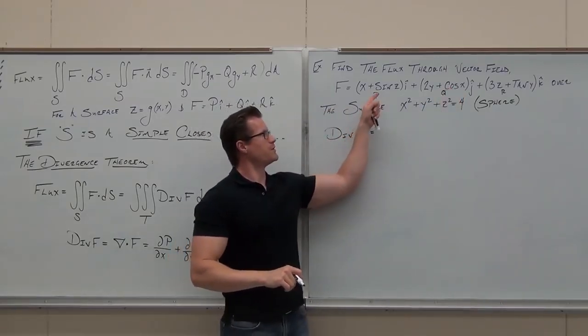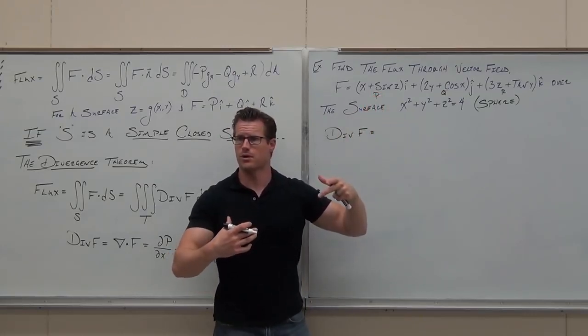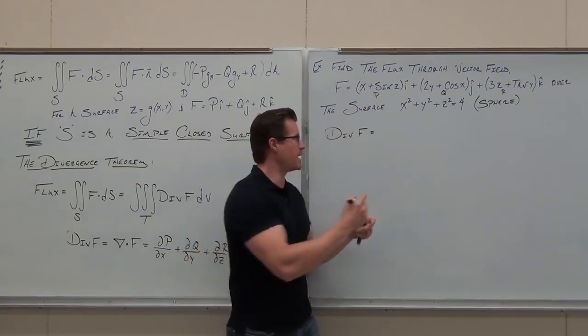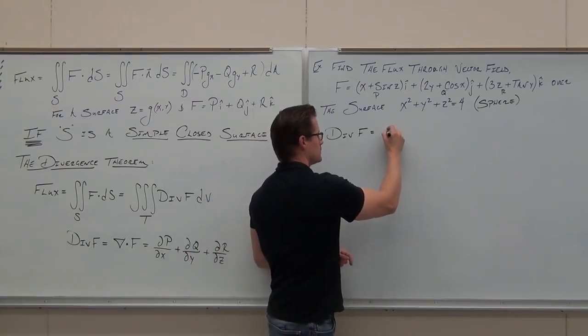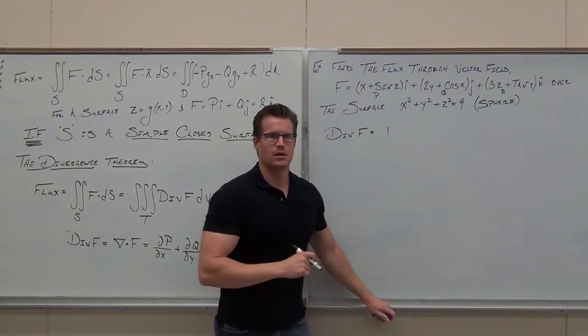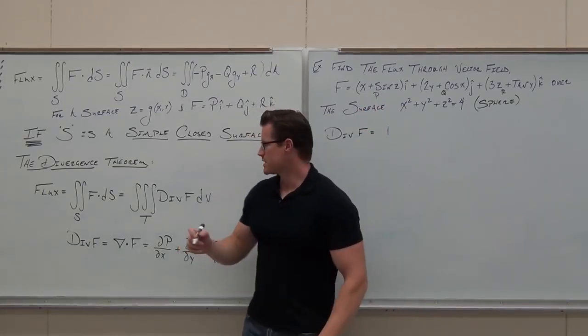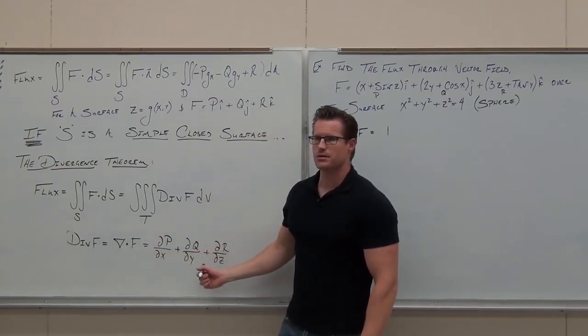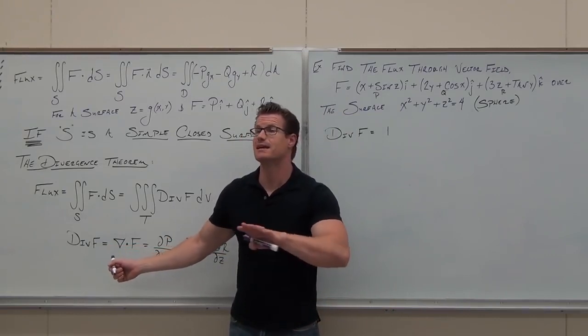Take the partial derivative of P, the x component, with respect to x. That's not bad. It's just 1. Not i. Do you see any i's up here? If you're dot producting things, you can't get a vector.